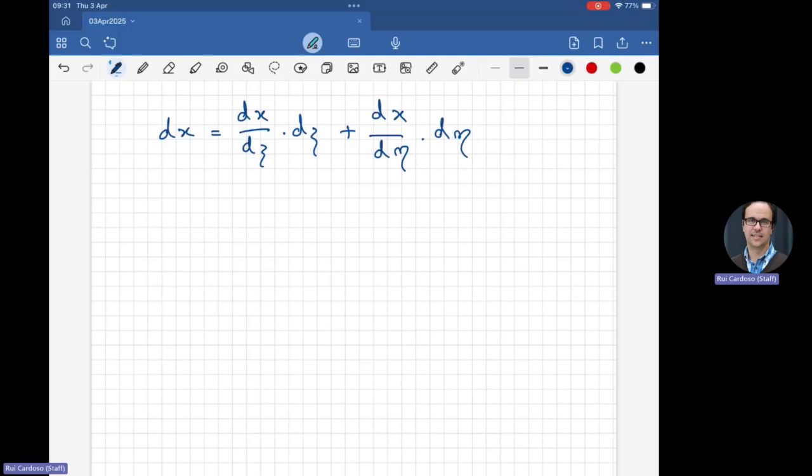I can do the same for the y direction. This should be partial derivatives, but it's okay.